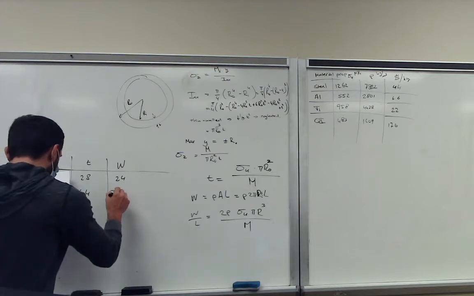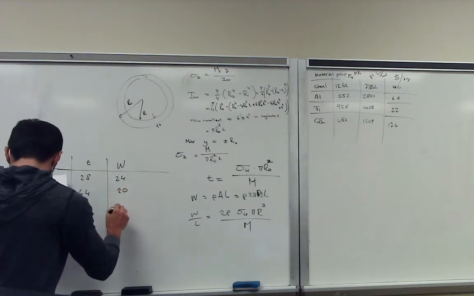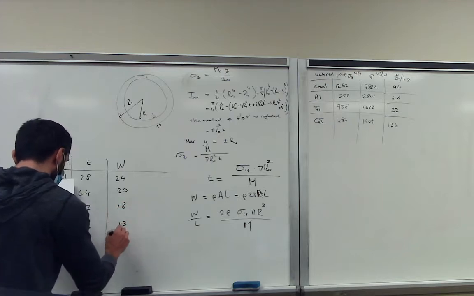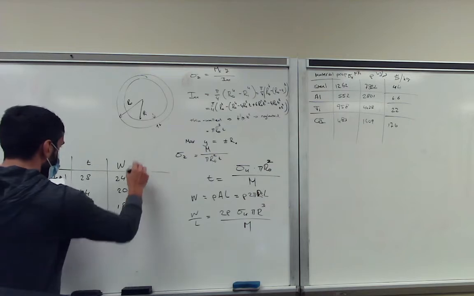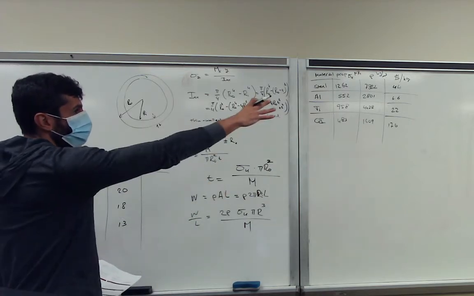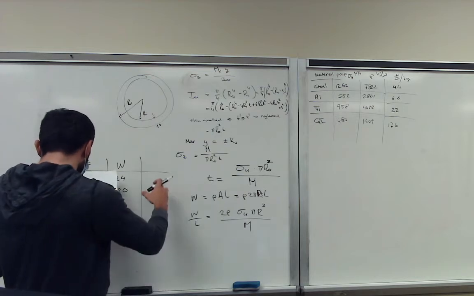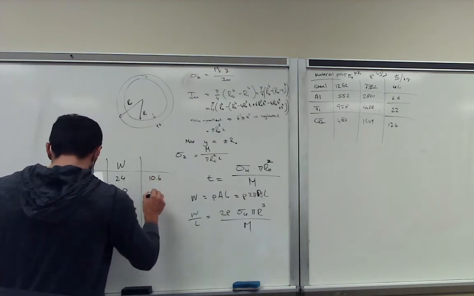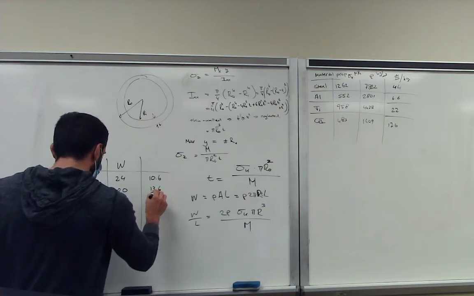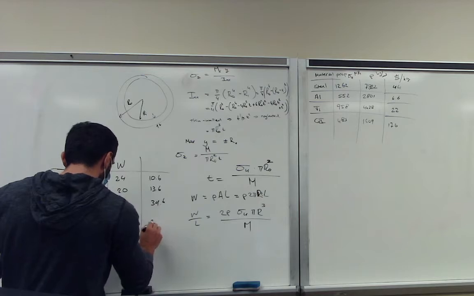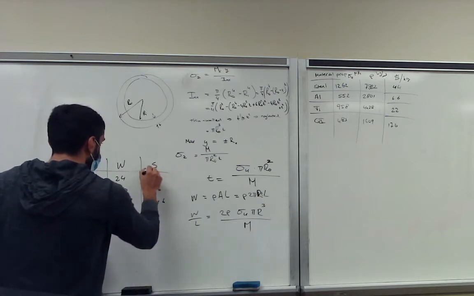Then the weight will be 2.4, 2.0, 1.8, and 1.3. And then we can determine how much weight we have multiplied by the dollar, so we can get our equivalent price tag, 10.6, 13, 39.6, and then 2.29.